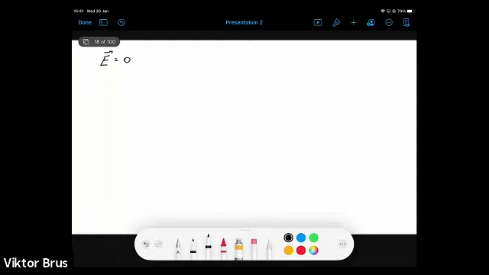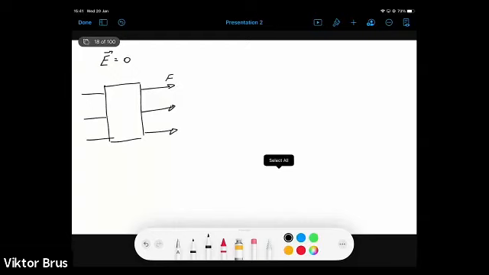So let's assume that we have some piece of metal placed in a uniform electric field. This is the external uniform electric field, and we put some metal inside it.